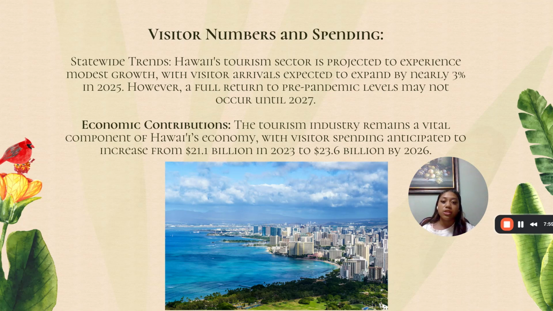The economic contributions: the tourism industry remains a vital component of Hawaii's economy, with visitor spending anticipated to increase from 21.1 billion in 2023 to 23.6 billion by 2026.